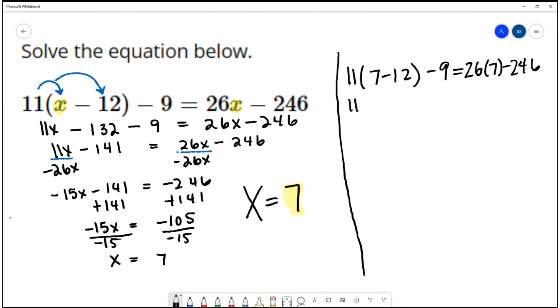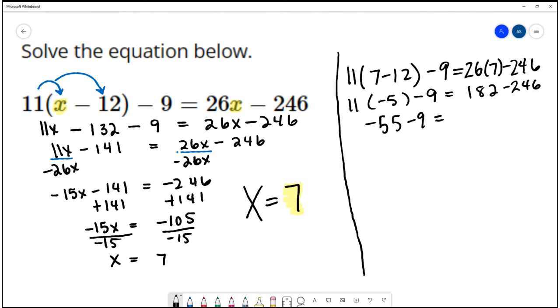11 times 7 minus 12. 7 minus 12 is negative 5. Minus 9. We have 26 times 7. That's 182 minus 246. 11 times negative 5 is negative 55.